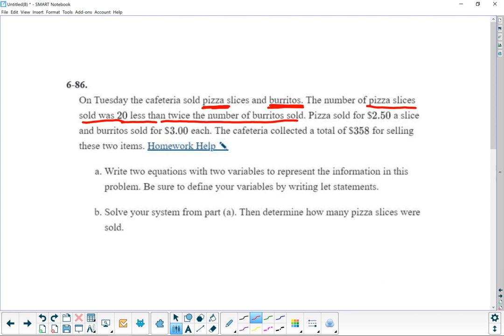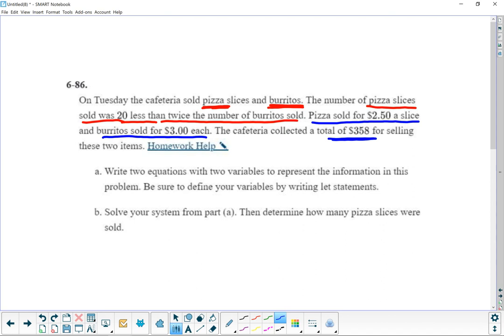That's all going to be part of one equation. For the second equation, pizza sold for $2.50 a slice, burritos sold for $3 each, and then we collected 358. I'm going to do that blue equation first.